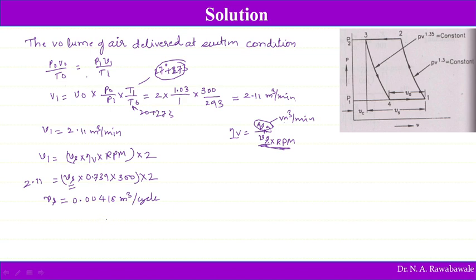From this volume, the equation for the swept volume is π/4 d² L, and from the problem itself, L is equal to the stroke length. From this we get the bore diameter.